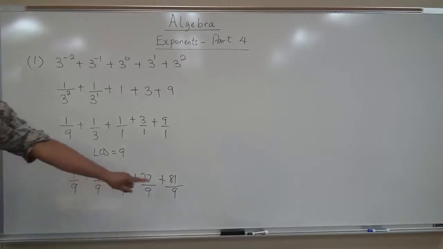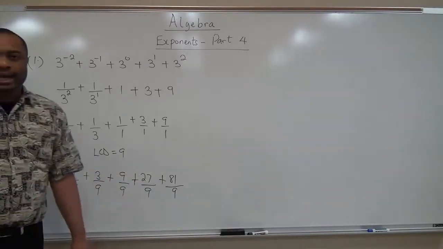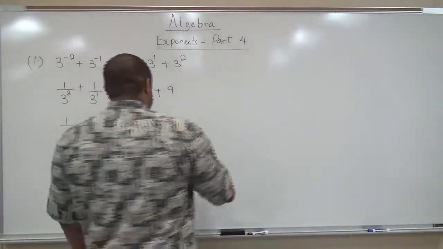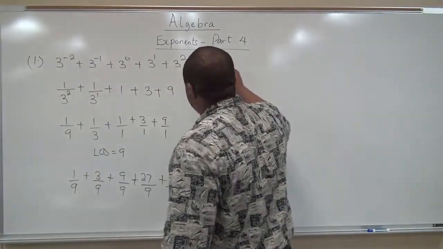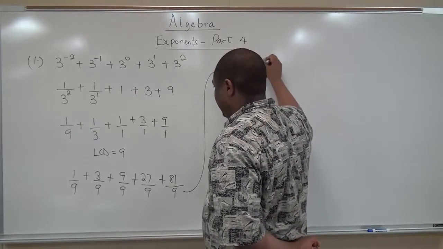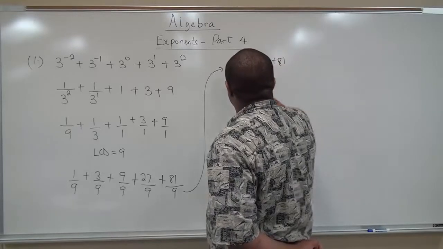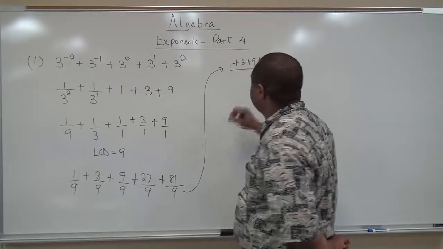Now they have the same denominator. So I now go ahead and add the numerators. So this becomes 1 plus 3 plus 9 plus 27 plus 81 all over 9.